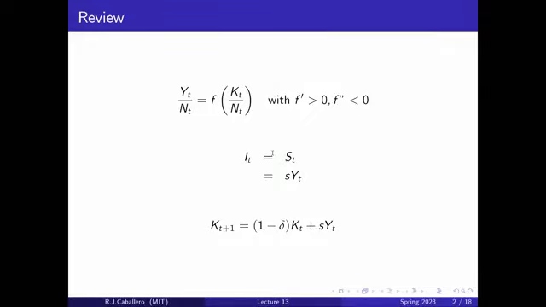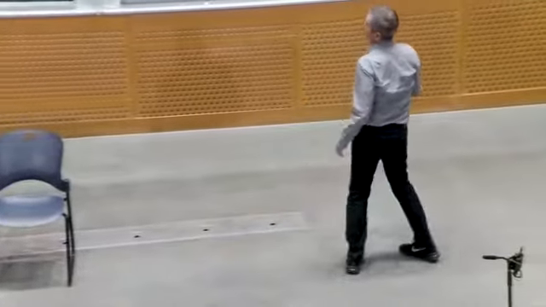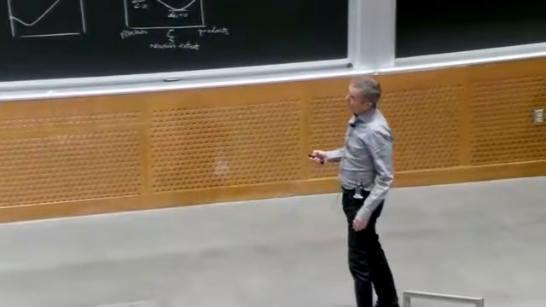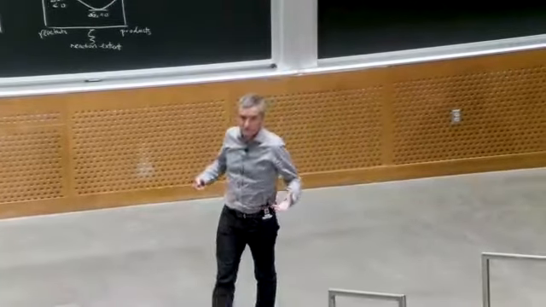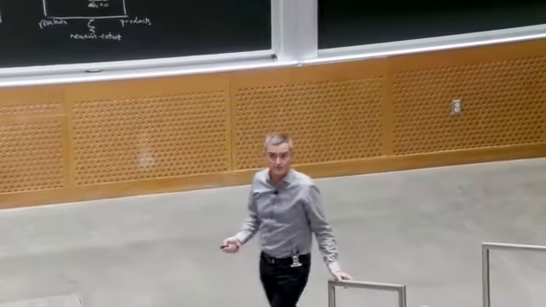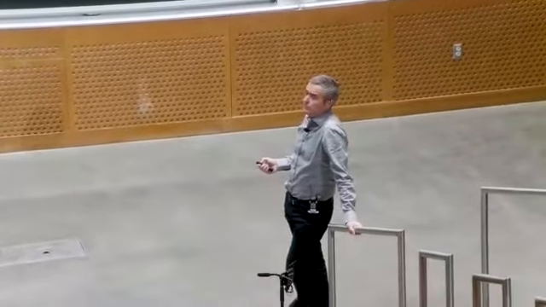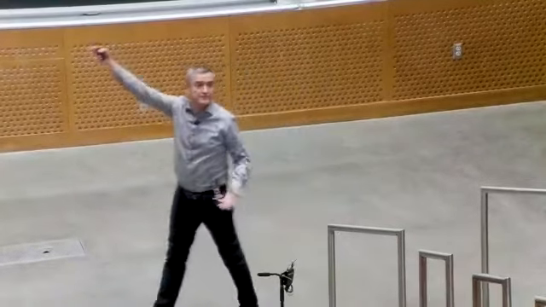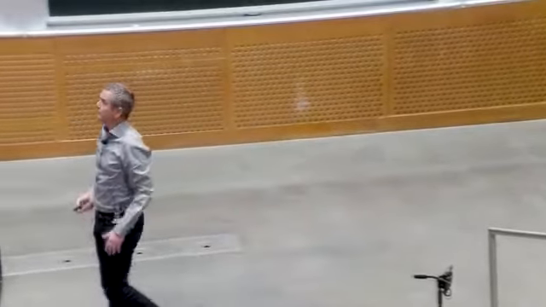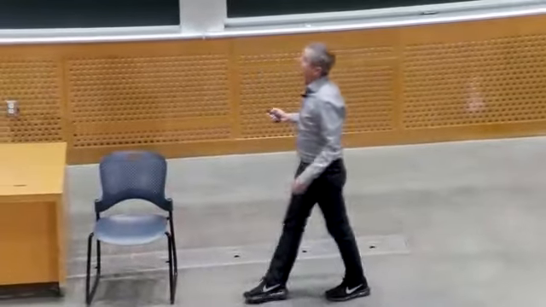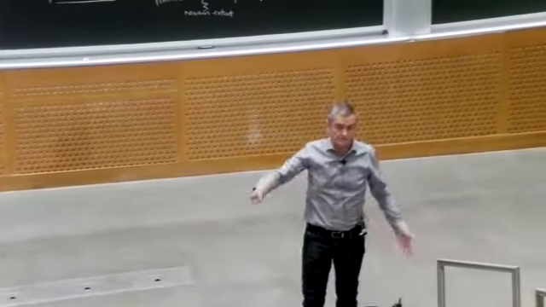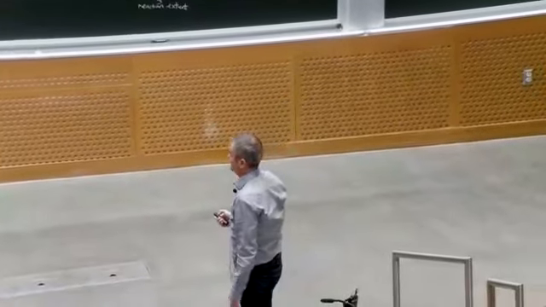So putting these two things together, we got to a very important equation in any growth model, which is the capital accumulation equation. And this equation says that the capital stock tomorrow, meaning in the next unit of time, next year or whatever, is equal to the current stock of capital minus the depreciation of that stock of capital, delta times K_t, plus investment.